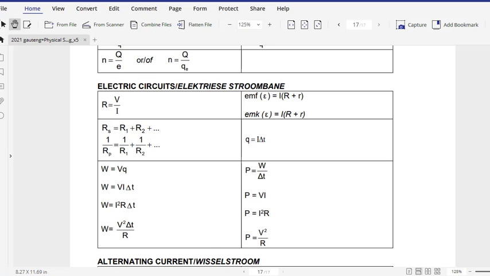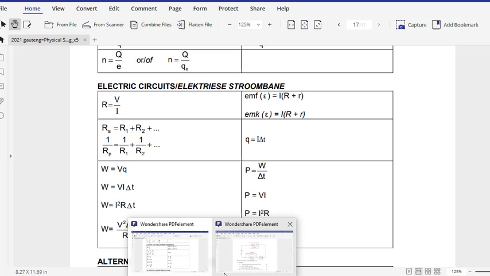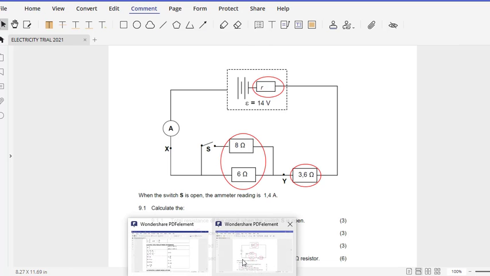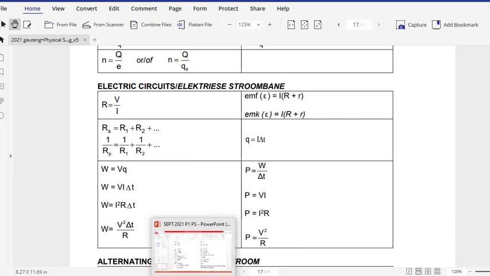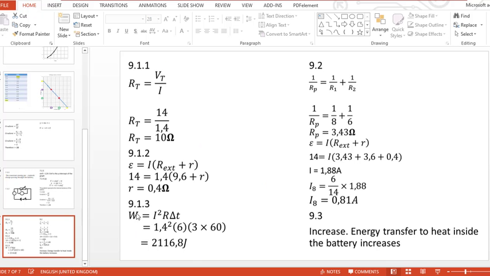And then when we calculate that, we see that our work done, W, is equal to I square R delta T. And then we plug in the values of the current and then the resistance. And then remember that the time is 3 minutes.